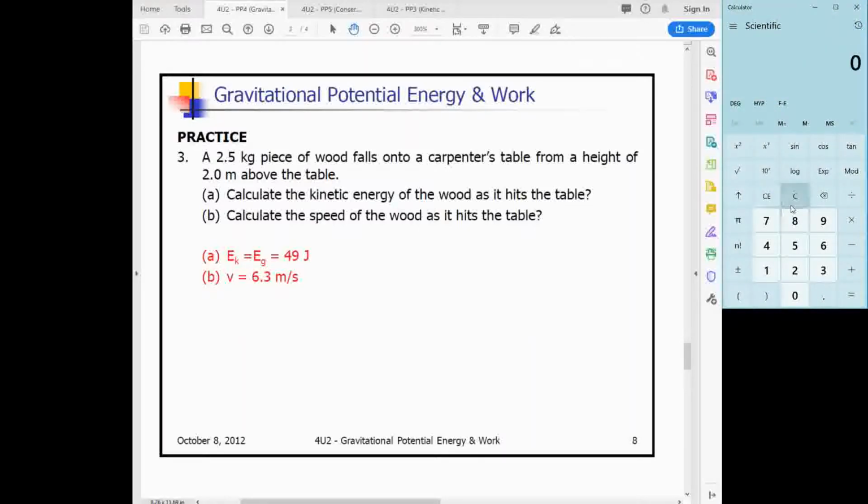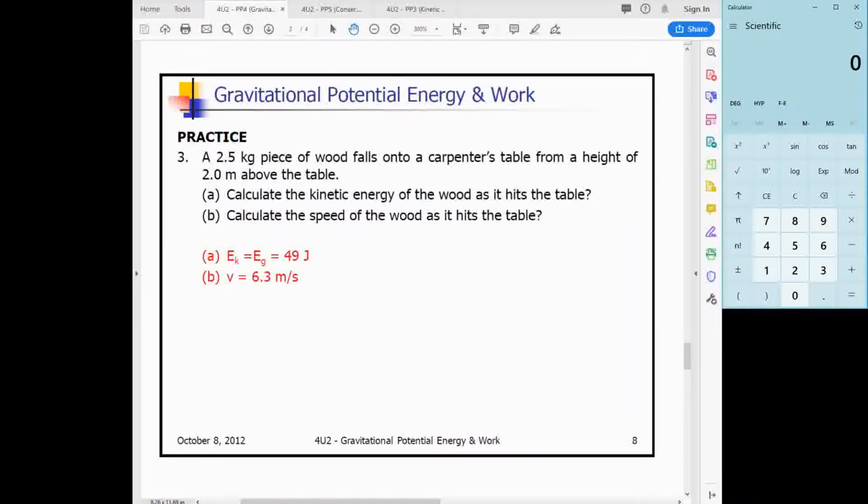Next problem, we have a 2.5 kilogram piece of wood that falls onto a carpenter's table from a height of 2 meters above the table. So calculate the kinetic energy of the wood as it hits the table. So we have to recall that as our object falls, the gravitational potential energy turns into kinetic energy.